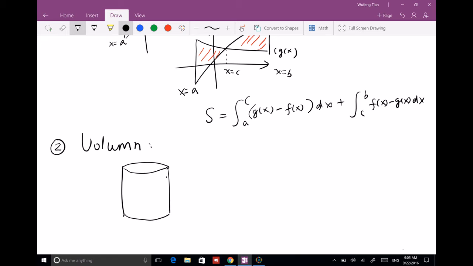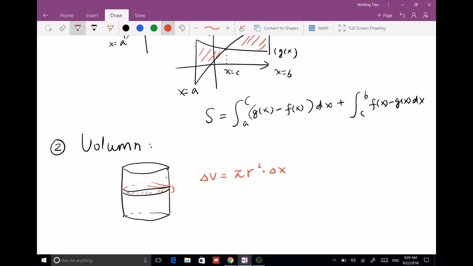Okay. Disk method, you just break them down into a lot of small disks. So one disk here, and then this whole disk is a circle, the circle disk. So for this one, the small one is delta V equals pi r squared times dx.